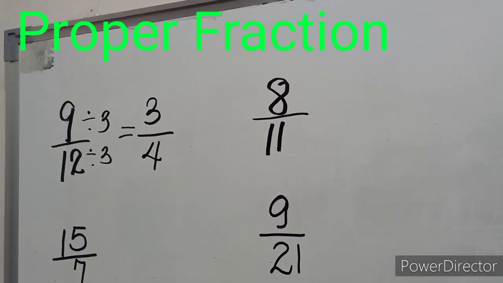While 8/11 is still considered a proper fraction, 8 and 11 do not have a common factor, and therefore 8/11 remains as is. So for proper fractions, there are fractions that you need to change to their simplified form if you can see that they have a common factor.